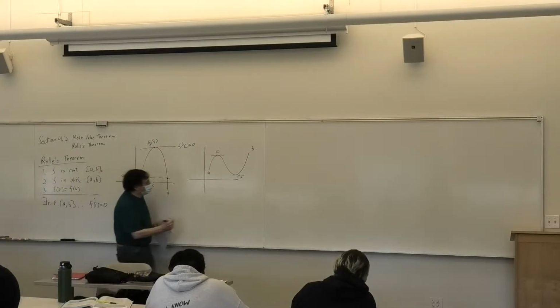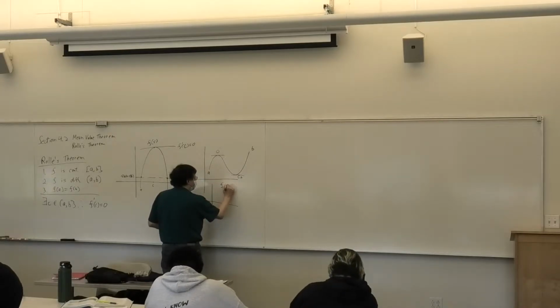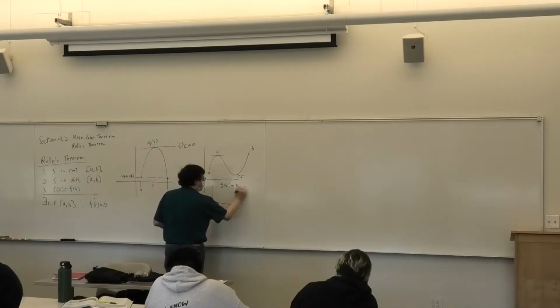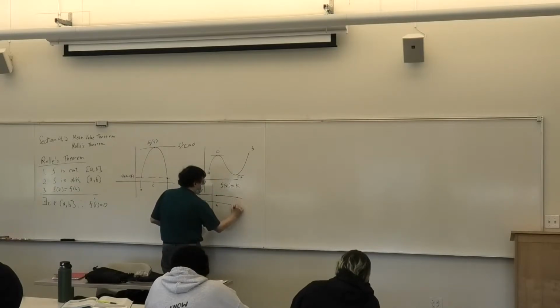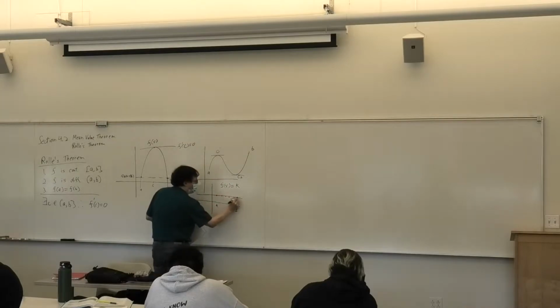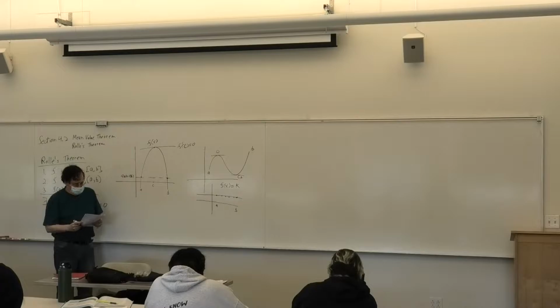I guess in the extreme case, if f is some constant, you can have point A and B, and every point in between is a potential C, has a derivative of 0.